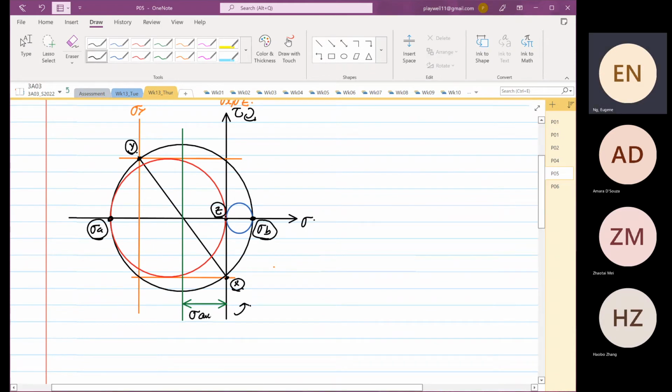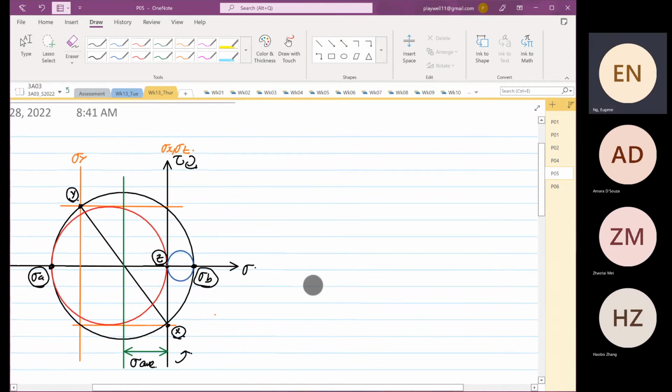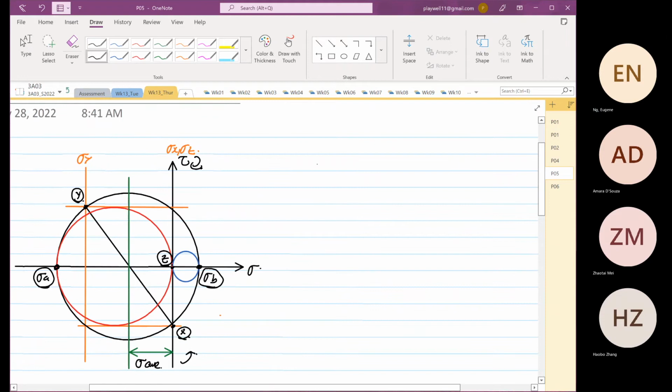stress average. So we know that stress X is equal to 0.